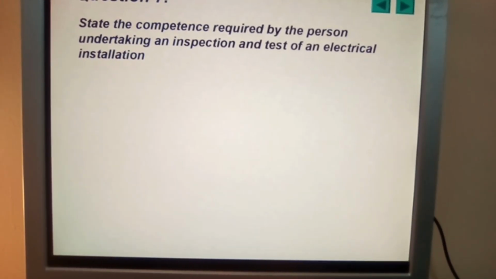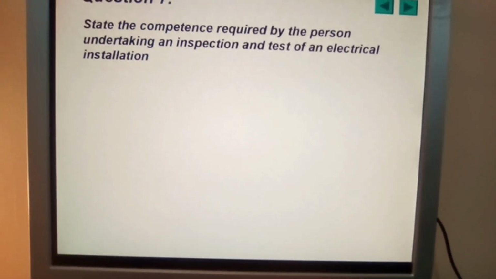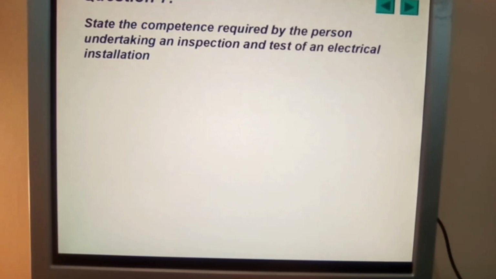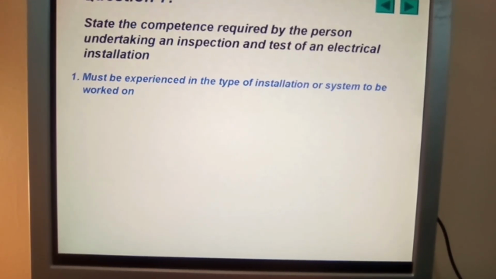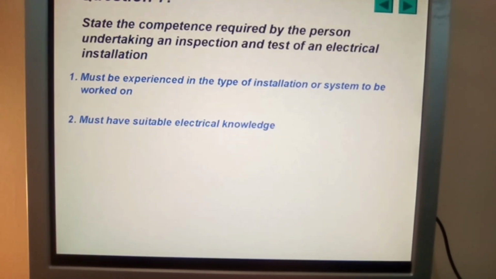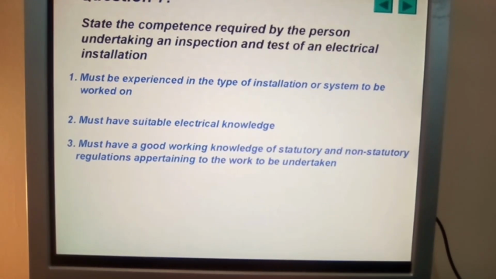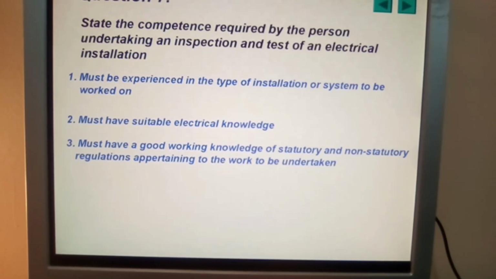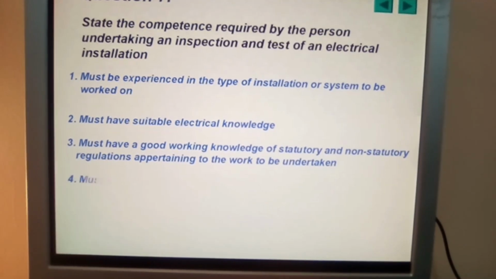State the competence required by the person undertaking an inspection and test of an electrical installation. Must be experienced in the type of installation or system to be worked on. Must have suitable electrical knowledge. Must have good working knowledge of statutory and non-statutory regulations appertaining to the work to be undertaken.